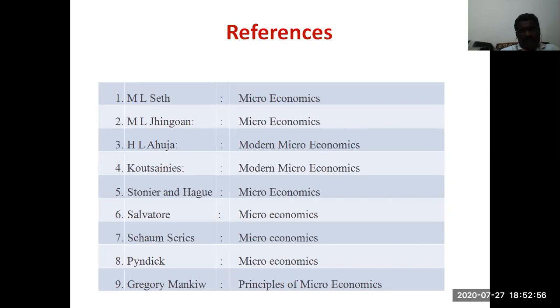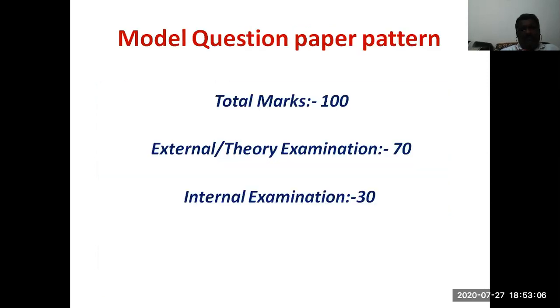So next, we have to go to the pattern of evaluation. What is the pattern of evaluation? In our college, we got autonomous status. So the model of question paper pattern is total marks 100 marks.